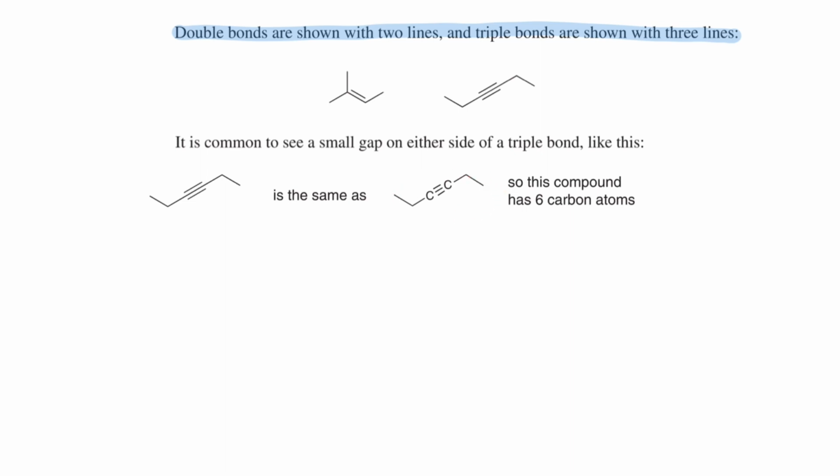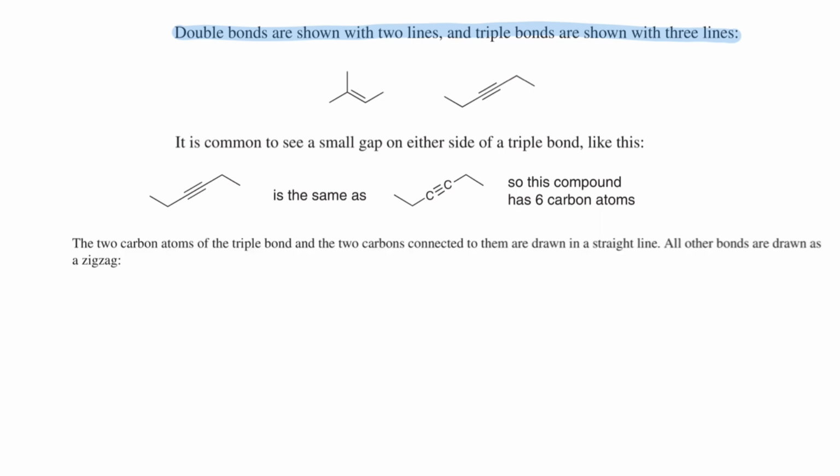It is acceptable. The reason is that this is called a triple bond between the carbon and carbon atom. So this is the same as this compound. This compound has 6 carbon atoms: 1, 2, 3, 4, 5, 6. So here also 1, 2, 3, 4, 5, 6 carbon atoms are present.